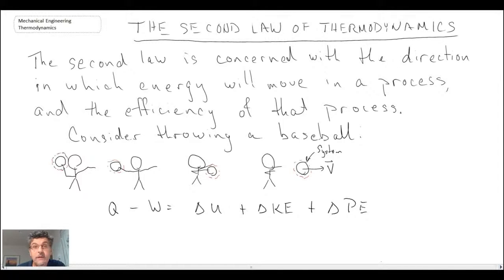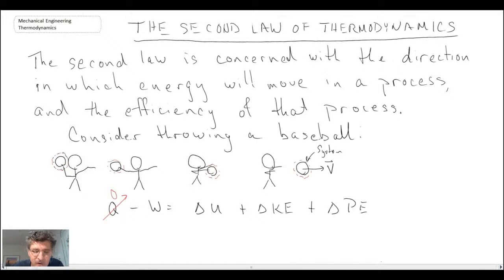Now we're going to assume a couple of things. First of all, is there any heat transfer to the ball? Well, if we throw it quickly and our hands are at the same temperature as the ball, the answer is no, there is no heat transfer to the ball. Are we doing work on the ball? Yes, we are. We're changing its kinetic energy, and consequently we're doing work. Are we changing the internal energy of the ball?